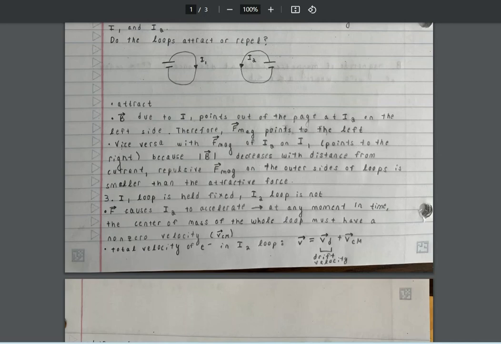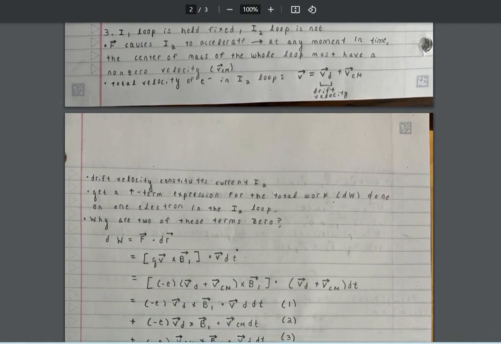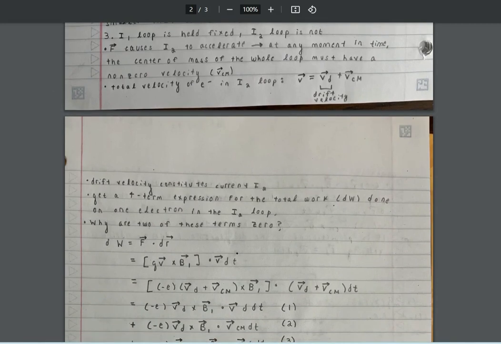All right, so for part 3, it states that the I1 loop is held fixed and the I2 loop is not. The force causes I2 to accelerate, and at any moment in time, the center of mass of the whole loop must have a non-zero velocity. And then the total velocity of the electron in the I2 loop is equal to the drift velocity plus the velocity of the center of mass.